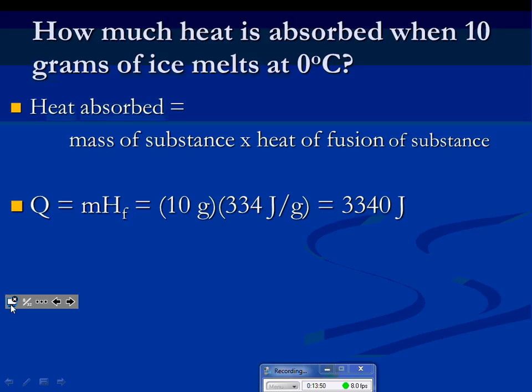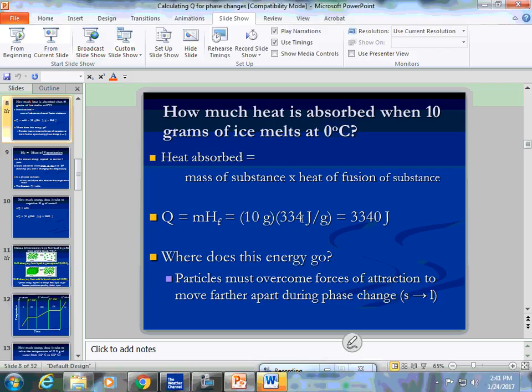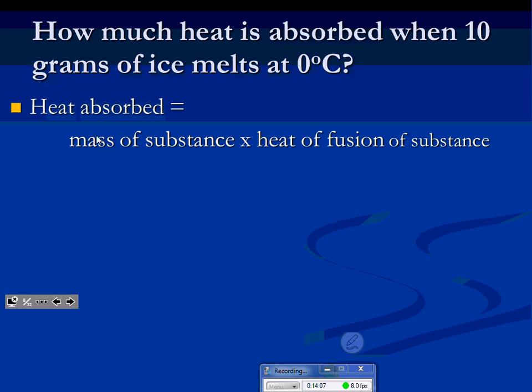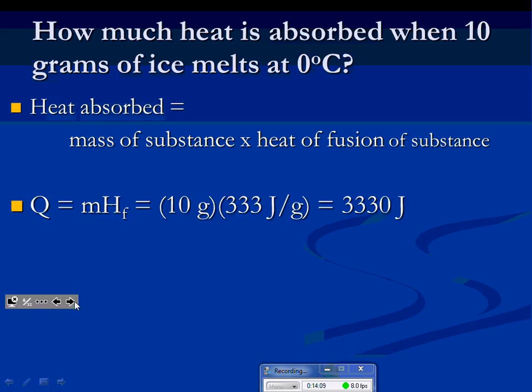I'm going to go ahead and make this change here because these notes don't agree with the data table. So I'm just going to change that slightly here. What I'm going to see is that this is also going to change my answer. Now we've got that value matching our chart.